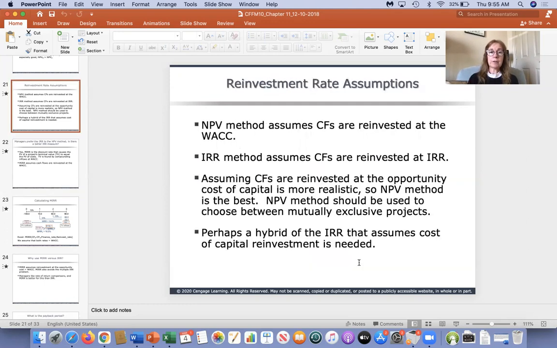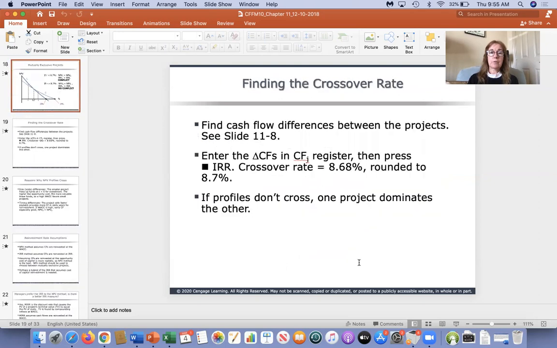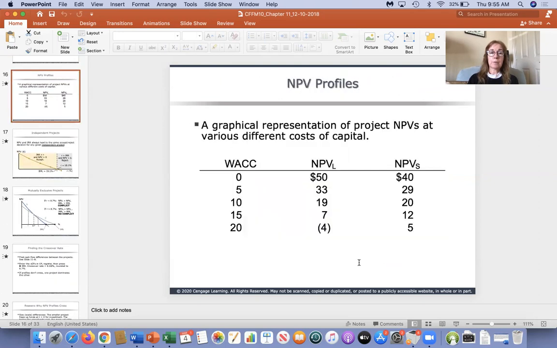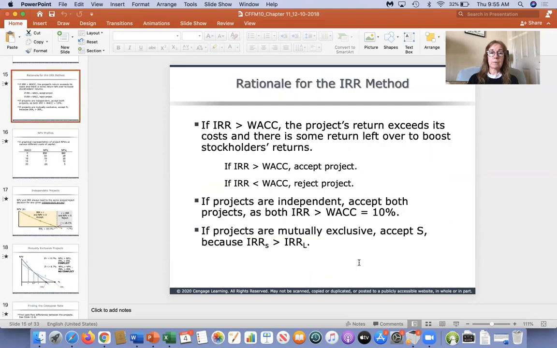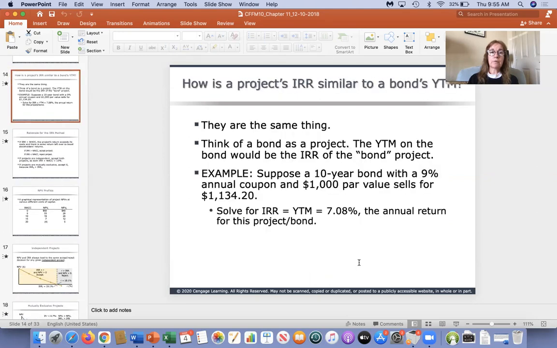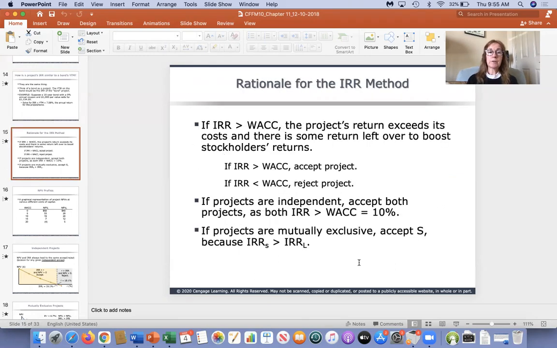Okay, now if you go back to these other slides, they're talking about the IRR versus the net present value. They get into this whole issue where sometimes you can have a conflict between the internal rate of return and the net present value.